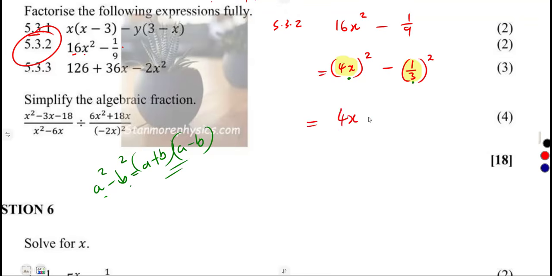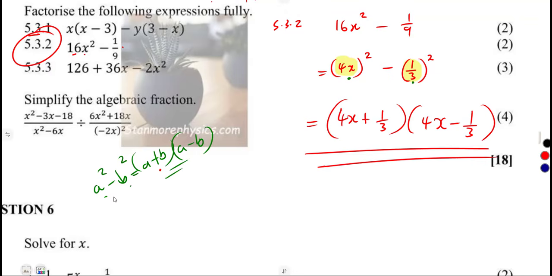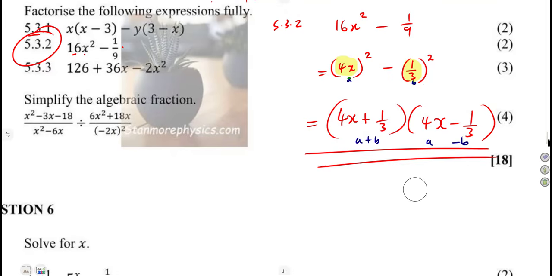So that's 4x, one bracket adds plus 1 over 3, and another bracket subtracts the 1 over 3. So that's it, a difference of two squares concept: a plus b into a minus b. This is your a, this is your b. From that concept, guys, we can simply apply our difference of two squares directly, obtaining the two brackets.